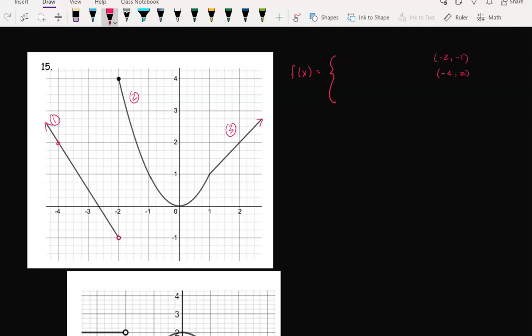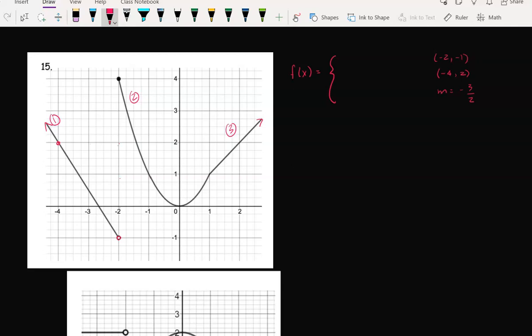Okay. What's the slope of this? Up 1, 2, 3, and to the left 2. Okay, so the slope of this is -3/2. Right? Okay, so we have to just find the y-intercept.